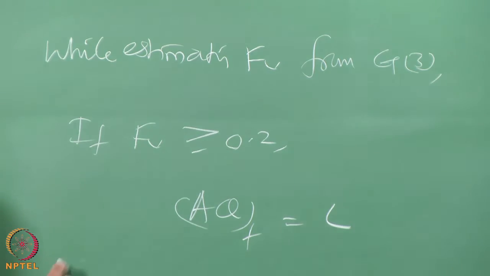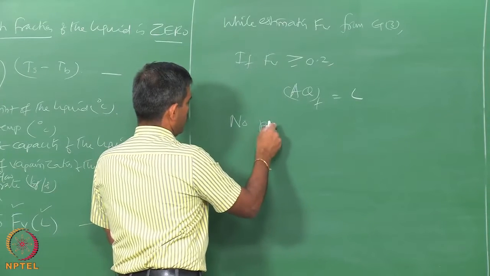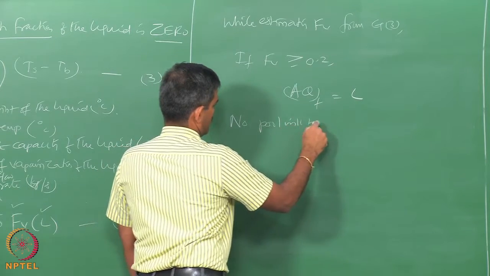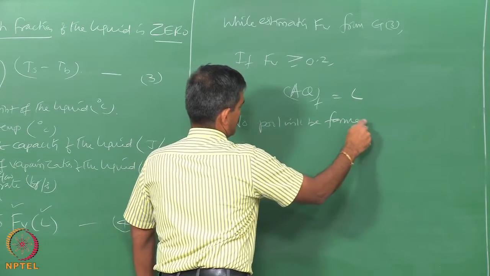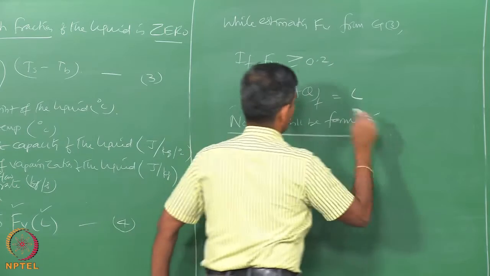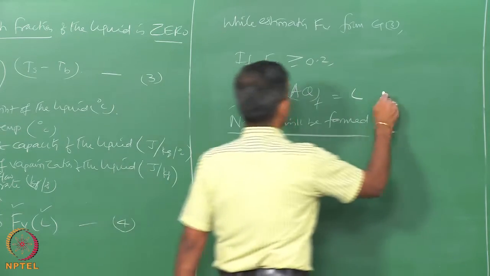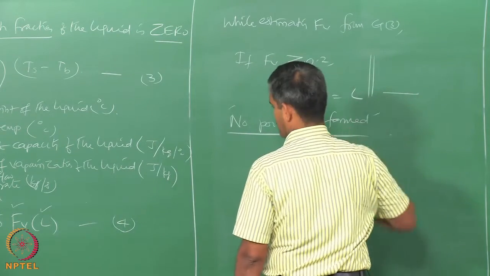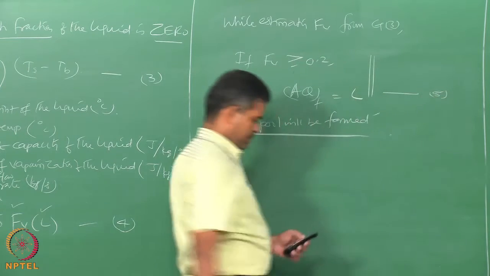So, in that case we can say that no pool will be formed. Let us say this equation number with this condition, equation number 5.